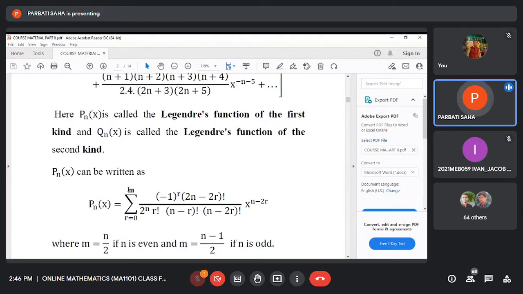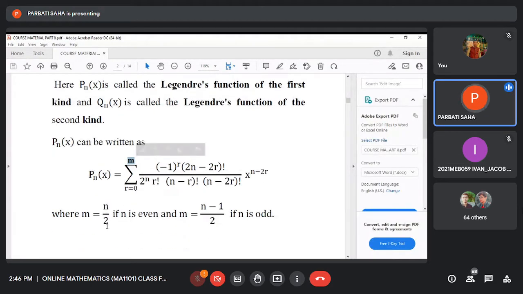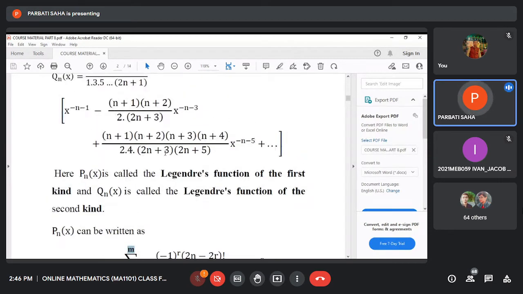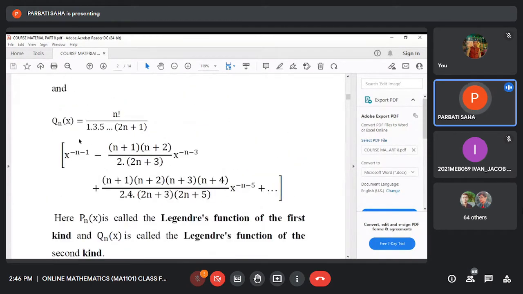So Pn(x) is called Legendre's function of the first kind and Qn(x) is called Legendre's function of the second kind.